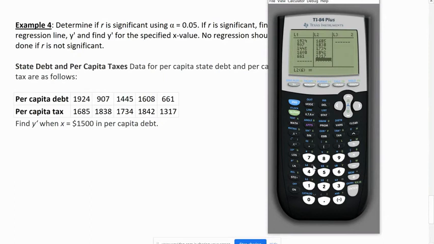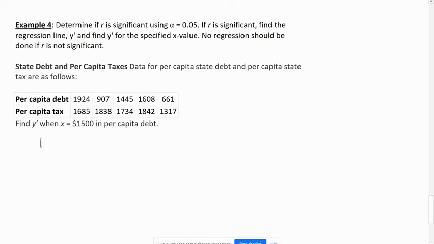Okay, so I have the data entered, and now I'm going to do the same thing we did on the last problem. I'm going to go to stat, tests, and I'm looking for test F, the linear regression t-test, and accept all the same parameters that we did before. Calculate. This time, if we use the p-test, p is 0.3717. Now, p in this case is not less than alpha.